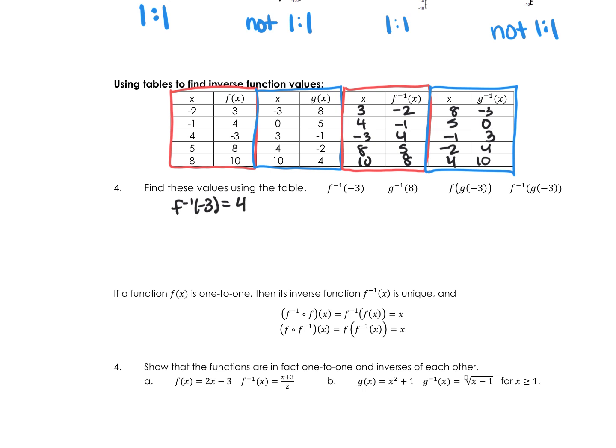Yeah, what's the one thing we remember about inverses? Swap the x and y. So instead of -2, 3, what will be here for F inverse? 3, -2. So go ahead and finish those tables for F inverse and G inverse. You're just flipping the x and y's.